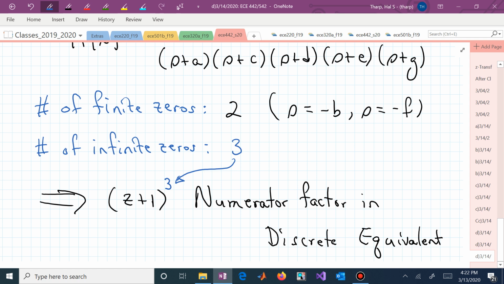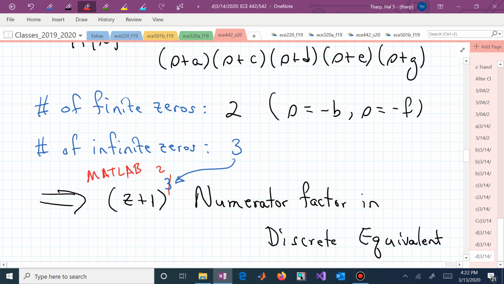MATLAB actually is going to reduce that by 1. So if you did the matching strategy for the C to D using MATLAB, you will find that if you had 3 infinite zeros, MATLAB, in fact, would give you a 2 there.